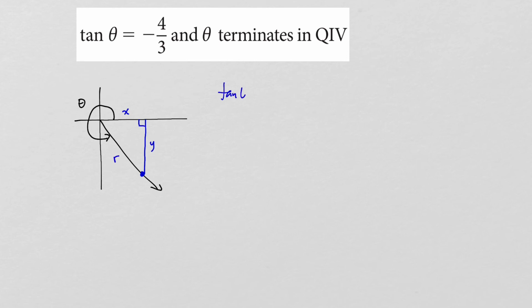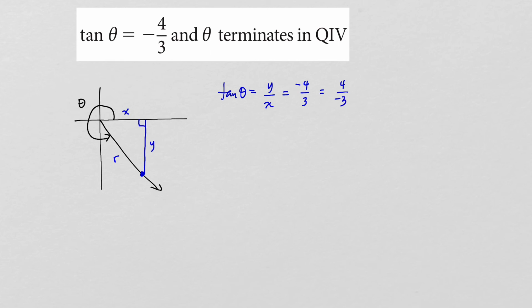And we know that tangent of theta is y divided by x, and in this case, they told us tangent is negative 4/3. Now, I want you to think carefully about that, because negative 4/3 could be negative 4 divided by 3, or it could be positive 4 divided by negative 3, you see.